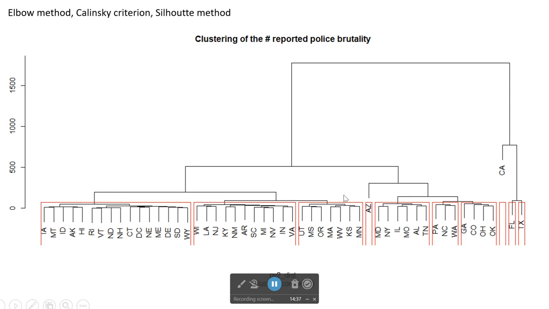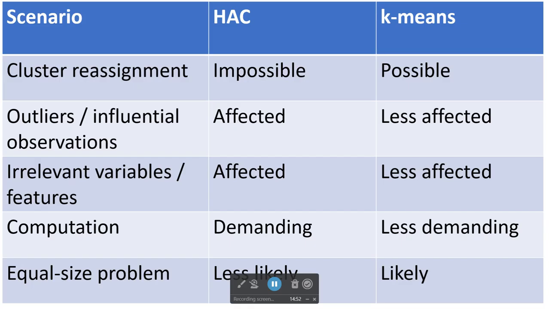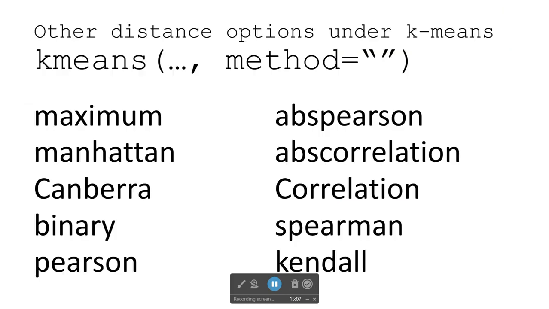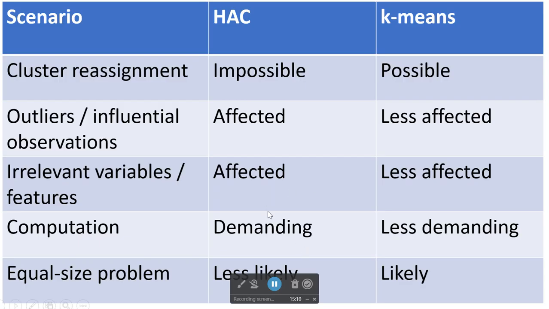If we go by these procedures, we know that it's going to take up a lot of computation time. This is a more complex analysis than k-means clustering. So it demands more computation when compared to k-means clustering, because of the steps involved. And k-means clustering has a tendency to produce clusters of equal size in some instances but not all.